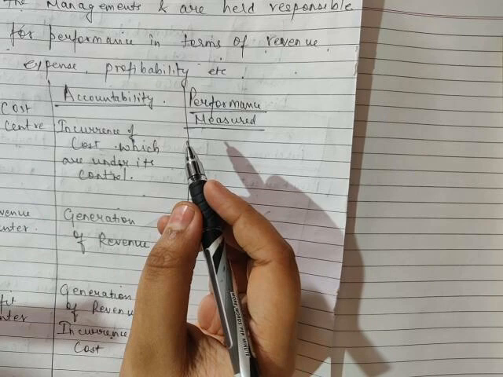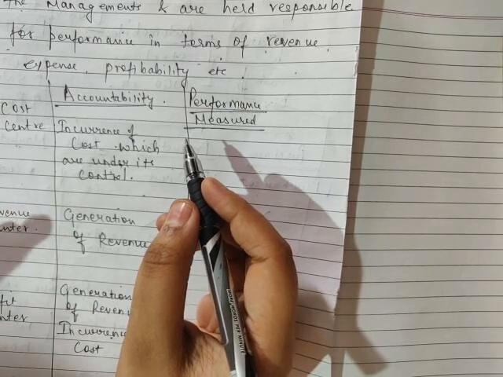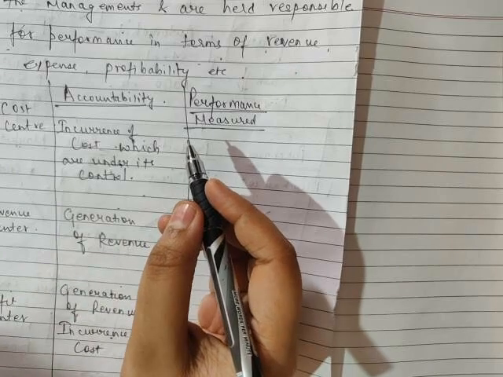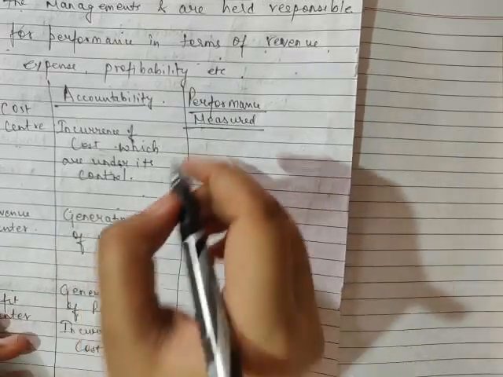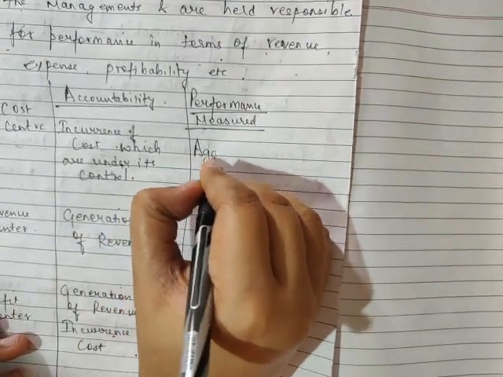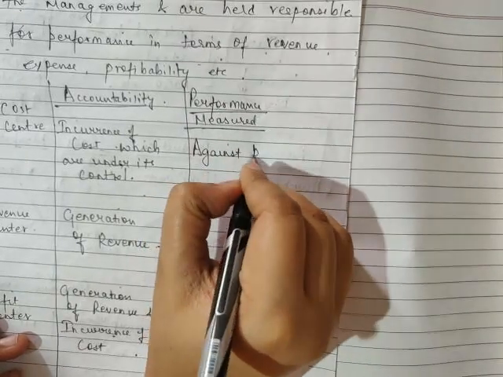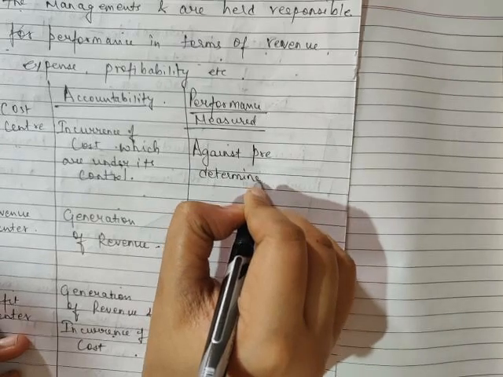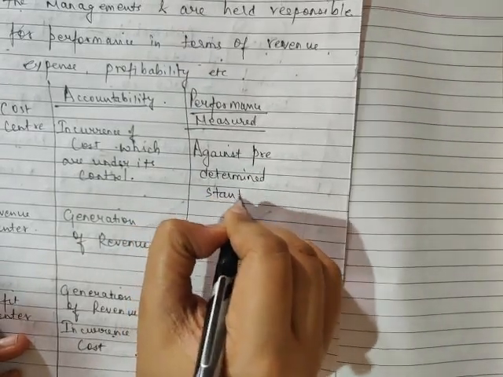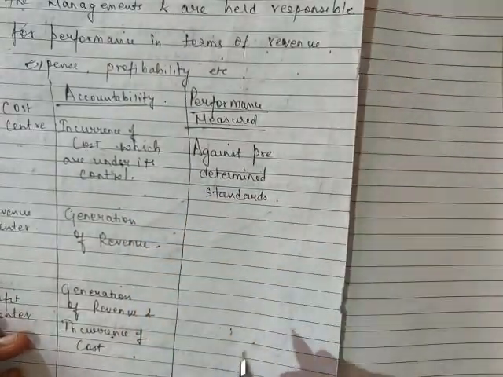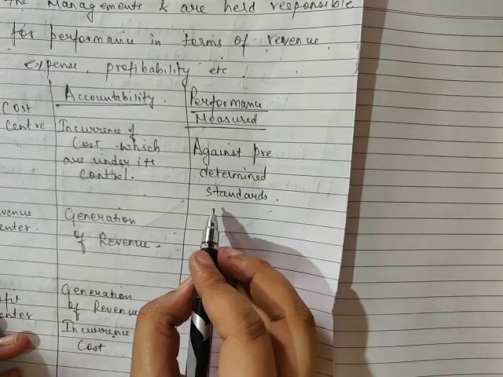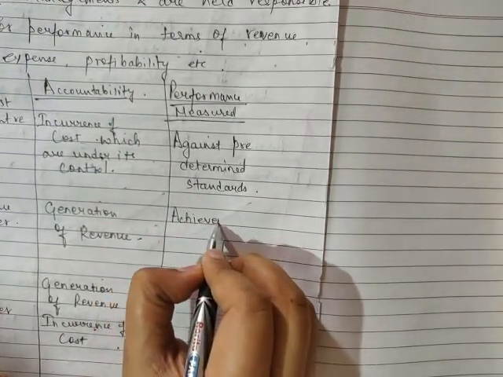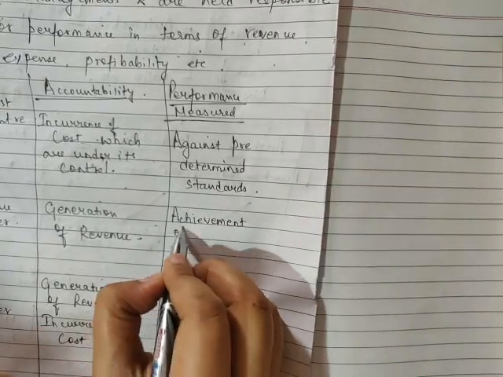If he is able to meet that target, then he is said to have performed efficiently. So the performance is measured against predetermined standards. For the revenue center, performance is measured against achievement of sales target.